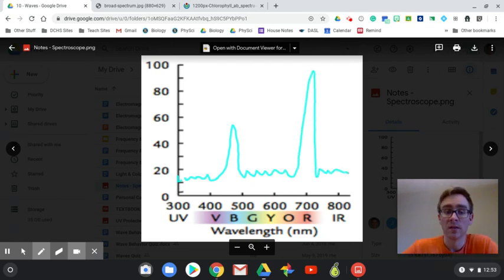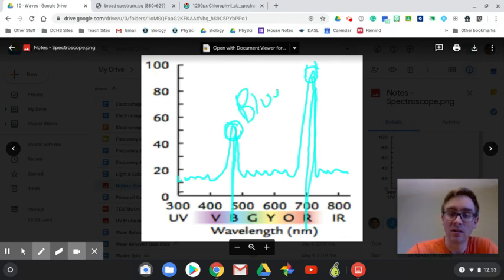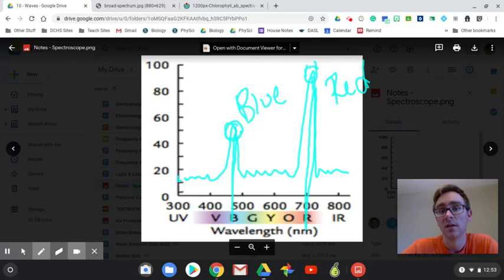What we see here is that it is absorbing something at this wavelength, which we know is about blue, and something at about that wavelength. So whatever this object is, it's absorbing blue and it's absorbing red. This will help us identify that this object is not the same object as the last one, because it absorbs different wavelengths of light. This is a good way to identify different materials.